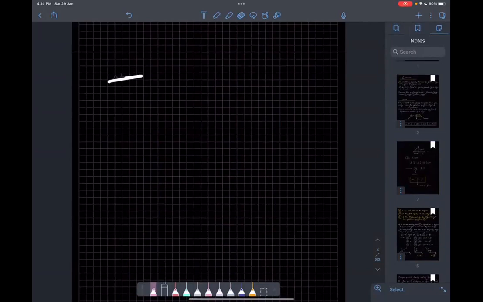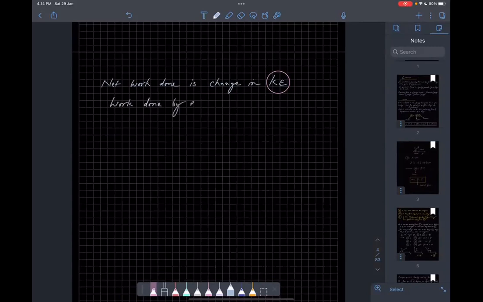Not potential energy plus kinetic. Net work done is K final minus K initial, the change in kinetic energy. I'll prove it, but just remember: work done by the external agent is change in potential energy, and net work done is change in K. This is the work energy theorem.